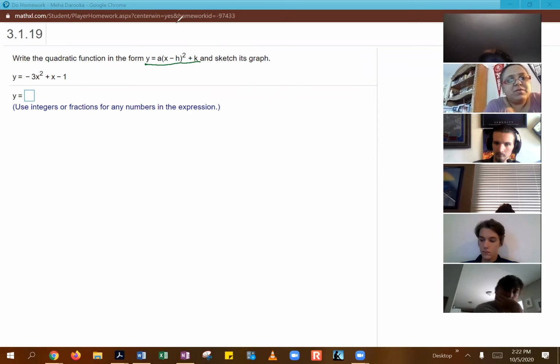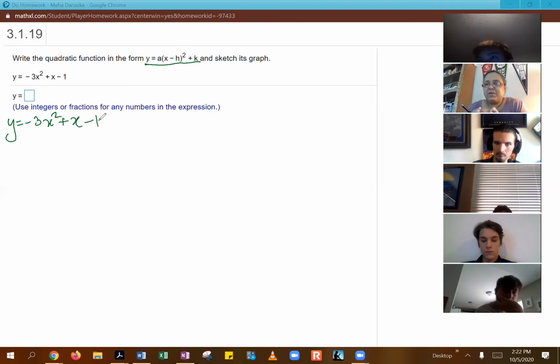So the first thing we're actually going to do is basically you have to use completing the square as your method over here for rewriting this from the standard to the transformation form.